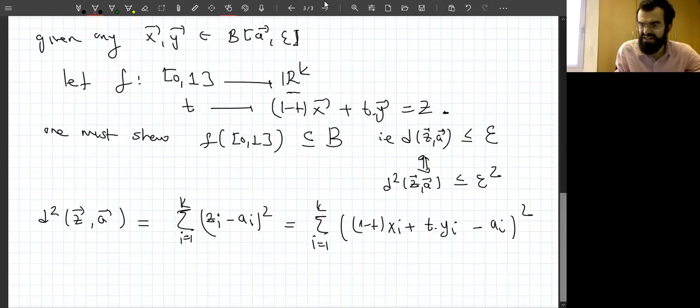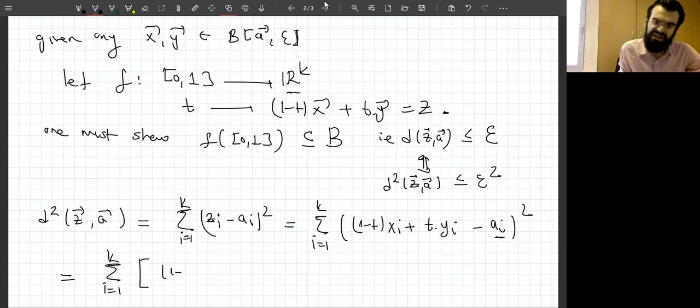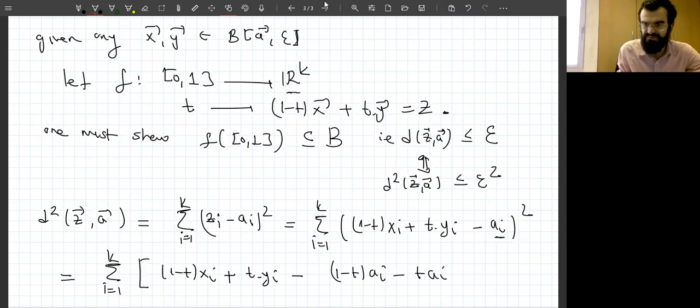We may write this a sub i as 1 minus t ai plus t ai.